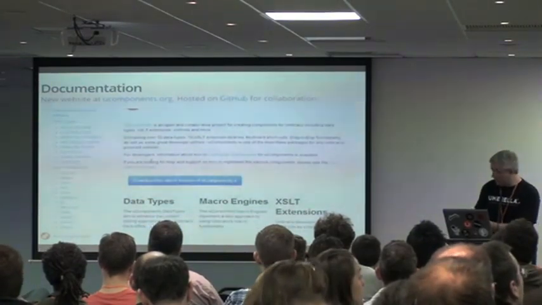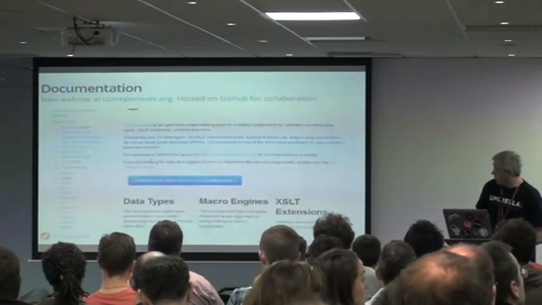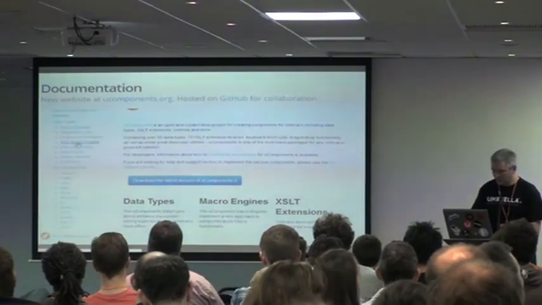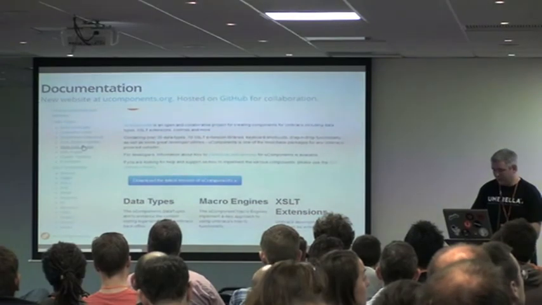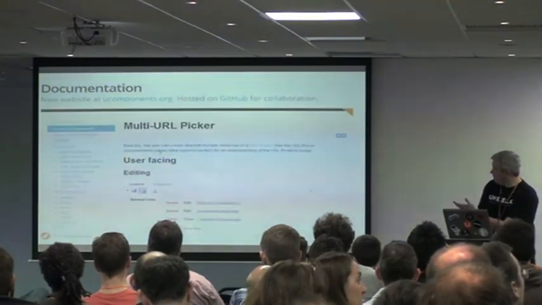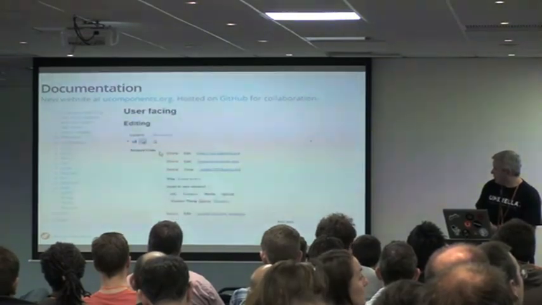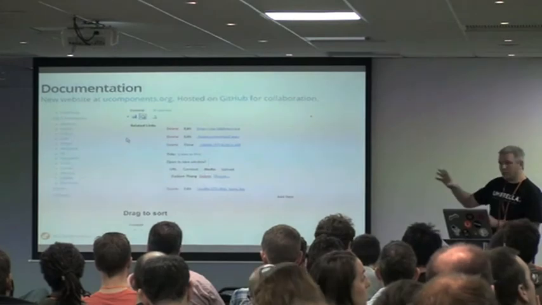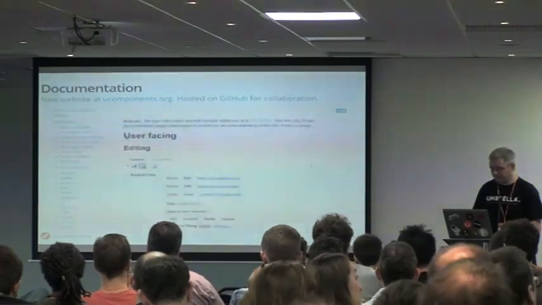This is the actual website as it is right now. We're still porting it across, but you can go into whatever you want documentation of, and we've got things about the multi-URL picker, how it looks in the back office, and how you can configure it in different ways. We're slowly but surely getting all the documentation across.